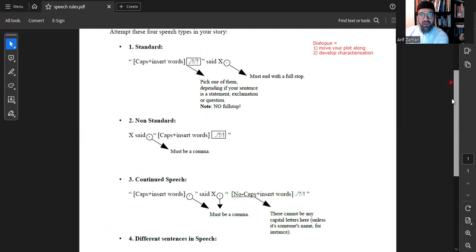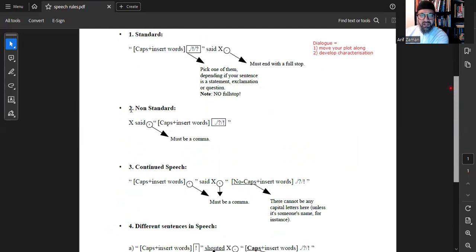What about the non-standard? So the non-standard is this one, number 2. The difference is simply, you see the said over here, we're just switching places. So whereas the said was here, the said is now at the beginning.